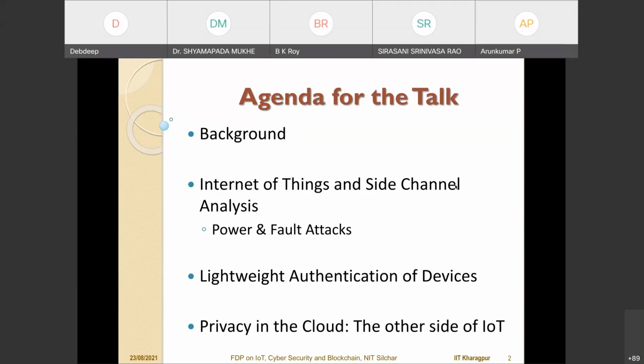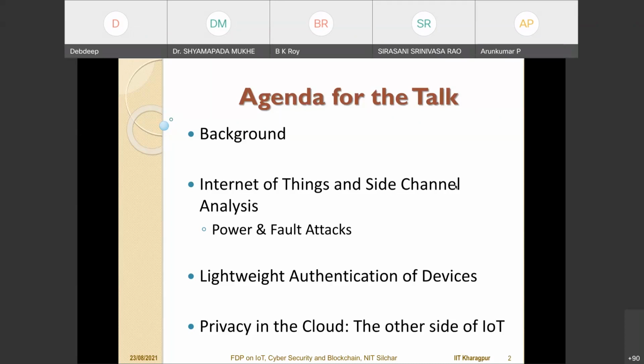Then I will shift my focus towards the problem of authentication of devices. We know that it is now envisaged that billions of devices are communicating. So how do you trust these devices? These devices need to talk to each other and communicate important data.